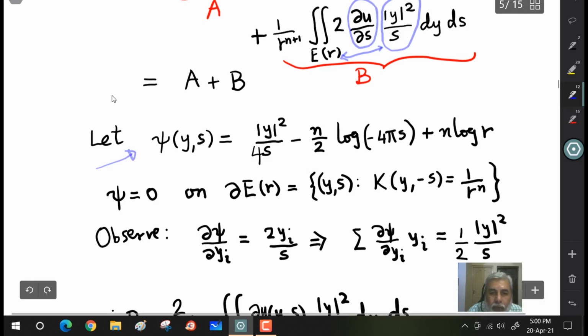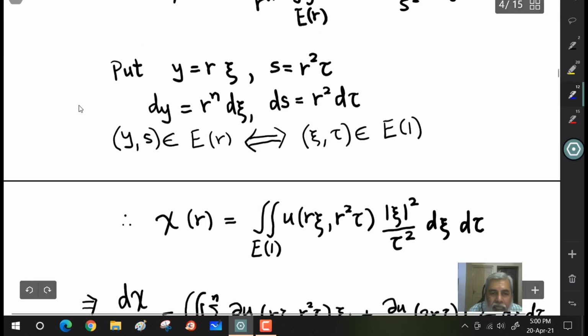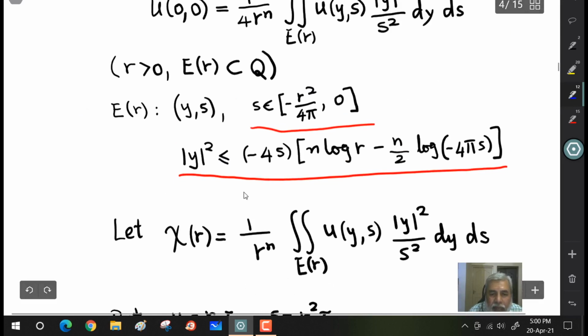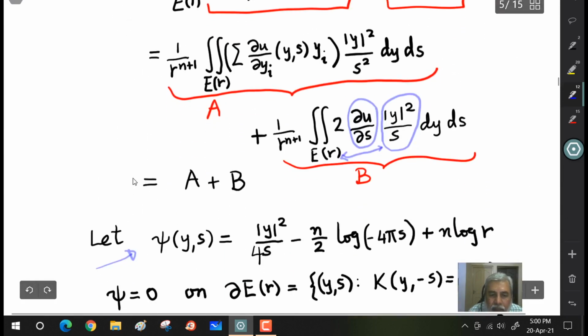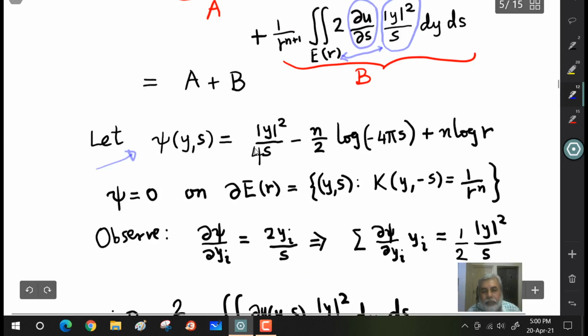And that's where this function psi(y, s) is introduced. If you go back again, it's not a mystery, it is here. So psi comes from this relation, precisely from the boundary of E(r).